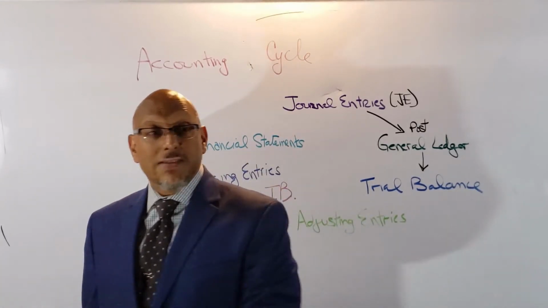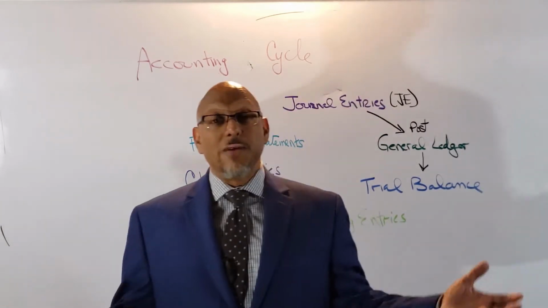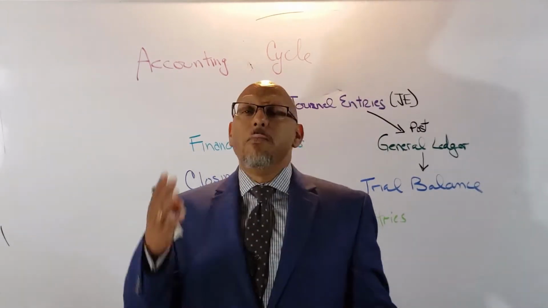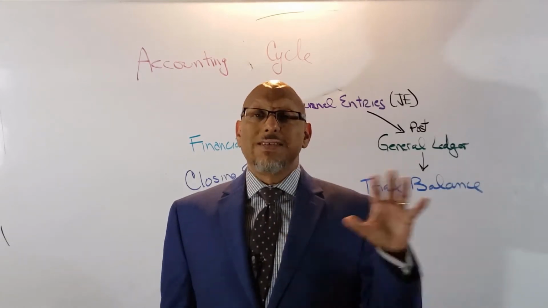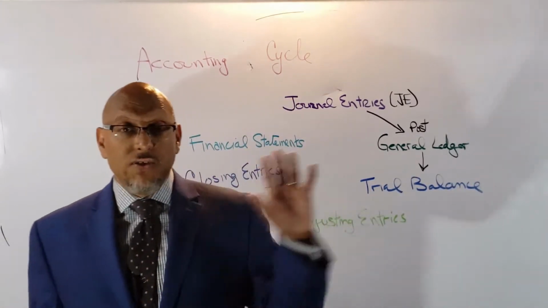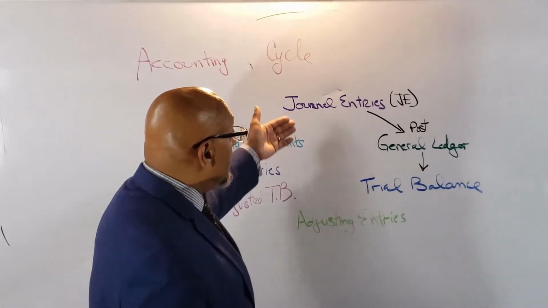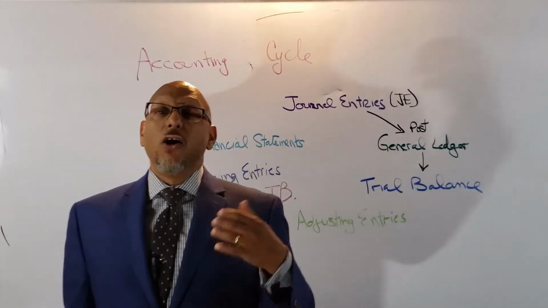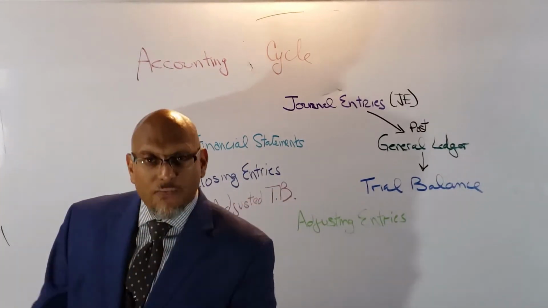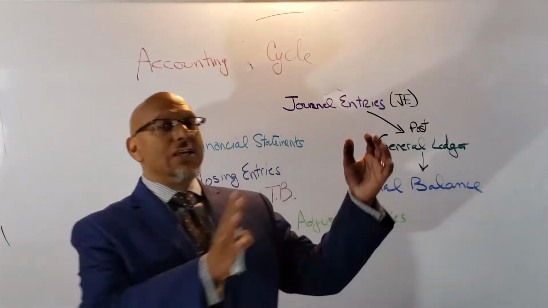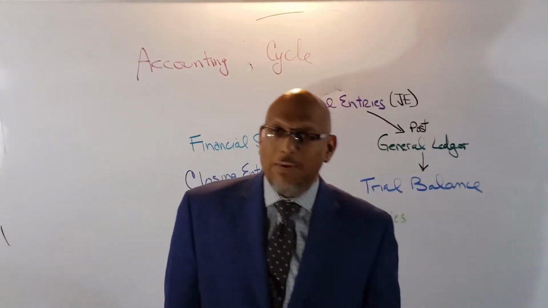Sometimes we have 2 debits, sometimes we have 2 credits, sometimes we have one of each, a debit and a credit. But every transaction is going to have at least 2 of these debits and credits, whether it's 2 debits, 2 credits, or one of each. And so the trial balance helps us make sure that all the transactions that included credits equal all the transactions that included debits.